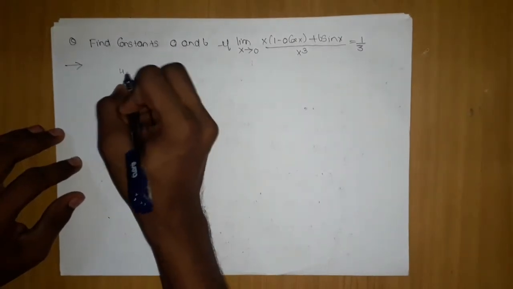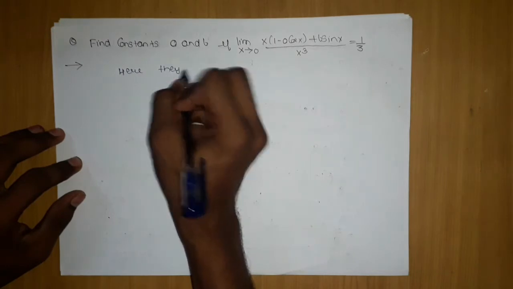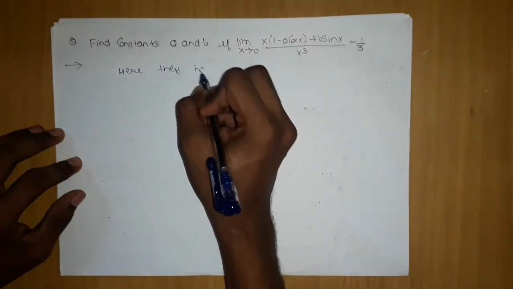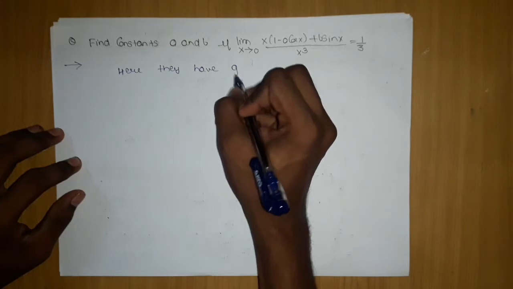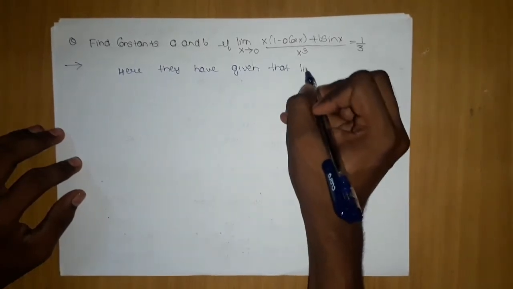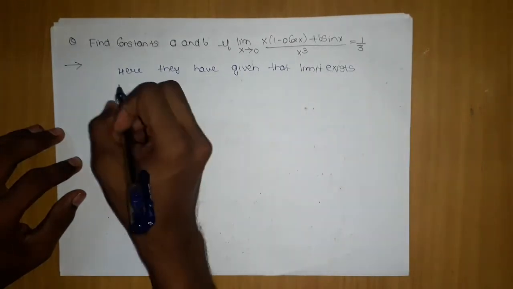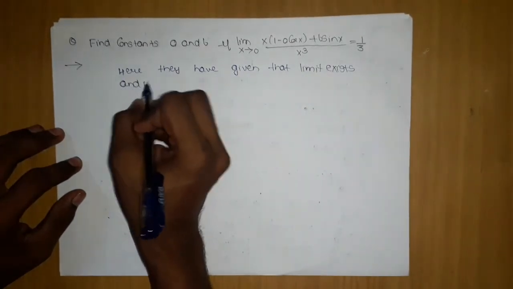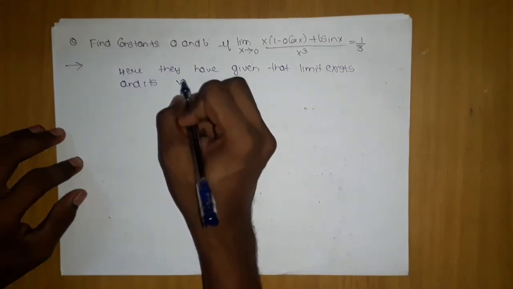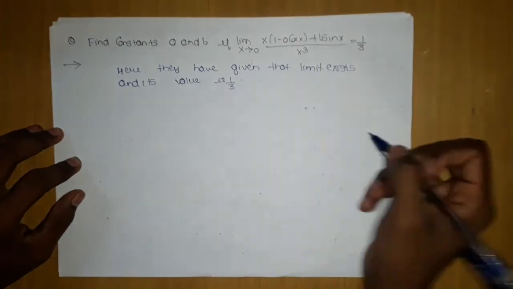So here it is given that the limit exists and its value is 1 by 3.